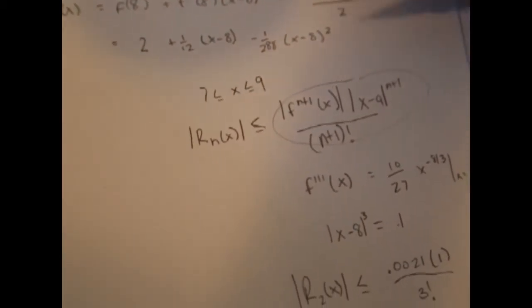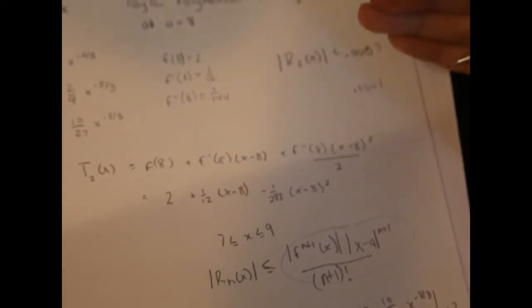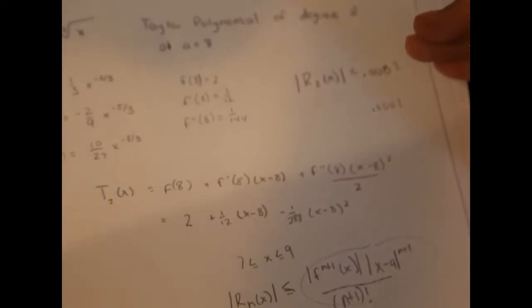So you would basically just do something like this, and then you would plug in R n of x as this part of the actual equation, or you could just set this part of the equation equal to this part of the equation. So you can go back and forth between finding the actual error in each of the equations, or actually just finding the value of n to find the error within a certain bound.